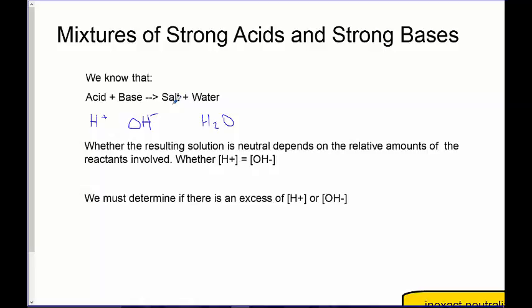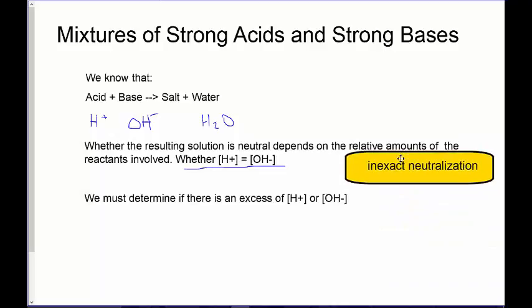Now, whether that resulting solution is neutral depends on how much acid and how much base we start with, or in other words, the relative concentrations of the H+ and the OH-. So if we don't have a situation in which the H+ is exactly equal to the OH-, then we have what we call an inexact neutralization.